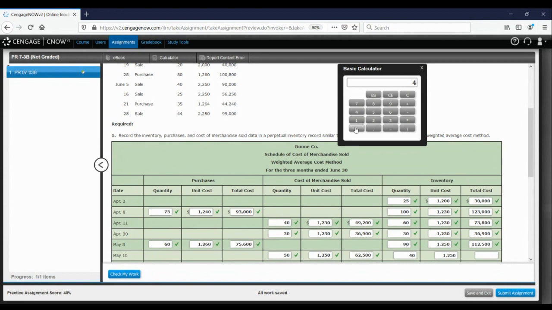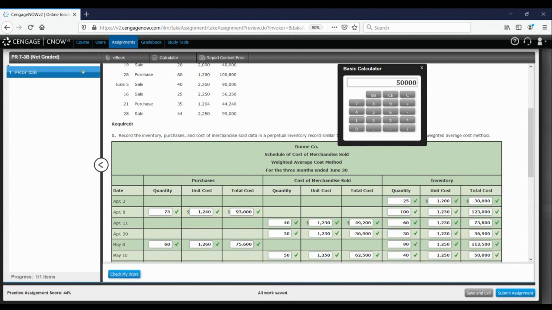So if we take 40 units and we multiply it by 1,250, this will give us $50,000. Do you understand what we did on May the 10th?